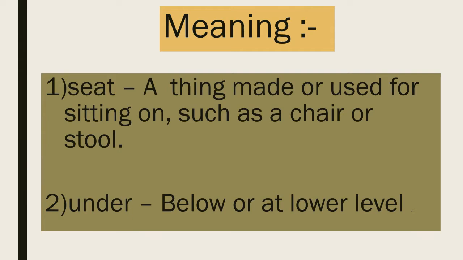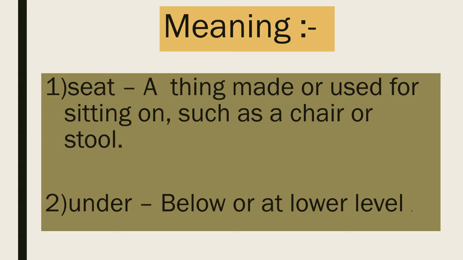The first word is seat. Means a thing made or used for sitting on, such as a chair or stool. The second word is under. Means below or at lower level. Now, you know the meanings of these words.